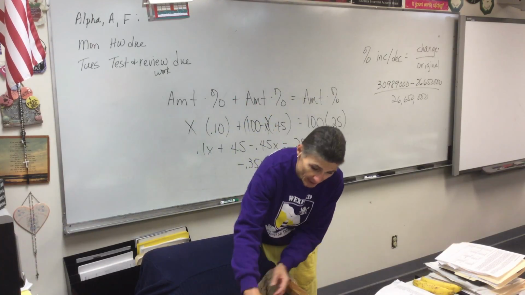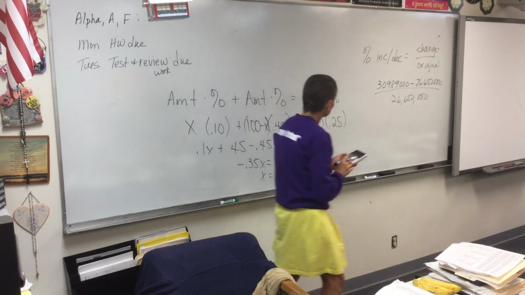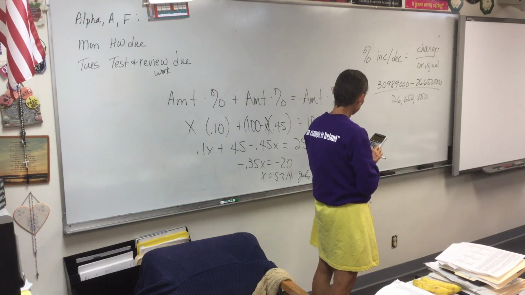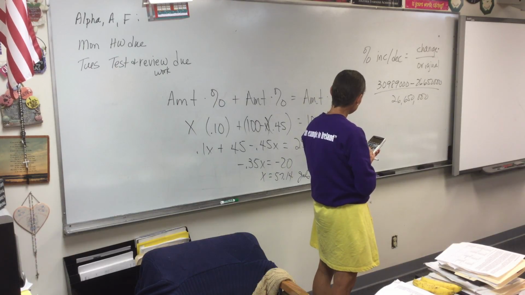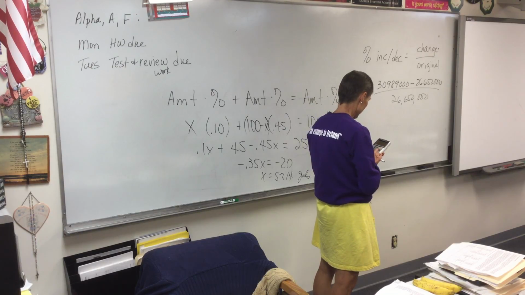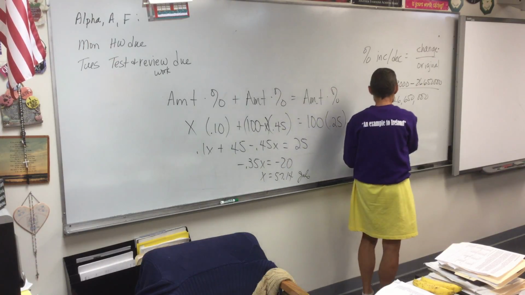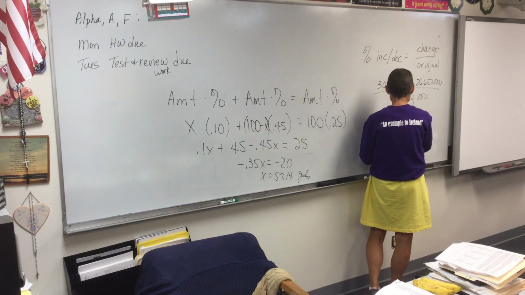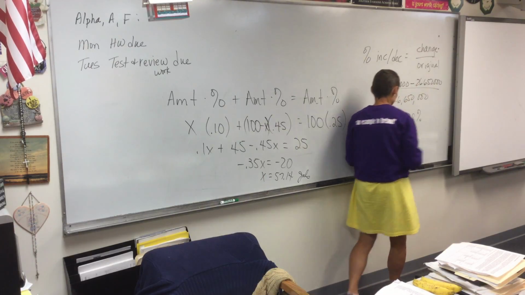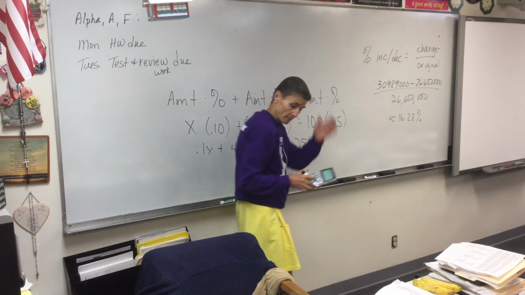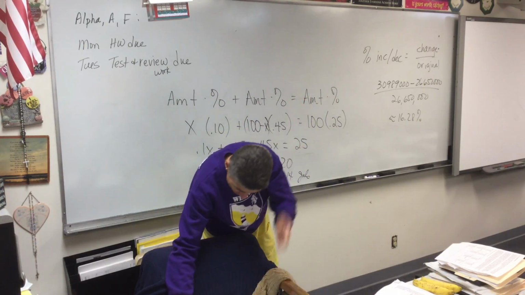So we type it in to our trusty calculators, hopefully getting all the zeros in there. I don't know if I got all the zeros. Check me. I got about 16.28%. But I may have missed a zero somewhere.